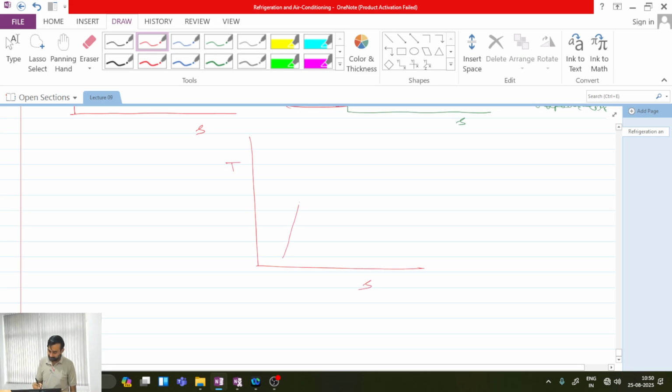We have a TS diagram where we typically have asymmetric saturated liquid and vapor lines, and with these asymmetric lines we can adjust our pressure ratios and use the working fluid in such a way, for a particular arrangement, that this area and this area are smaller.